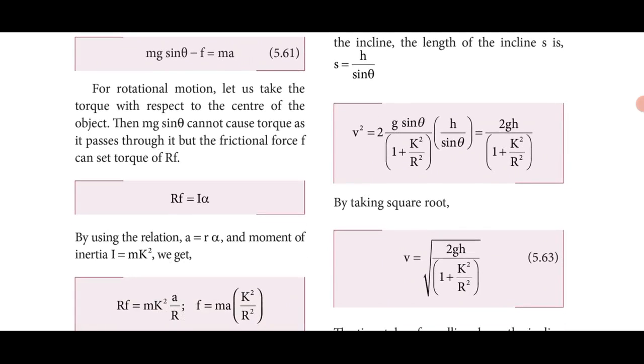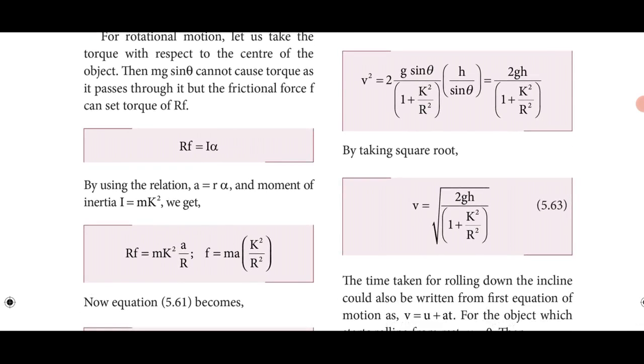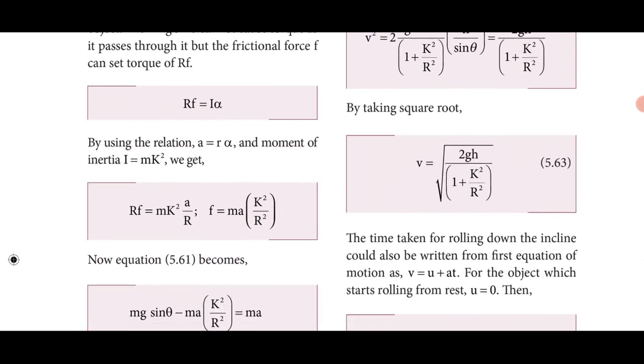For rotational motion, let us take the torque with respect to the center of the object. Then mg sin theta cannot cause a torque as it passes through the center, but the frictional force F can set up a torque of RF. So RF is equal to I alpha.